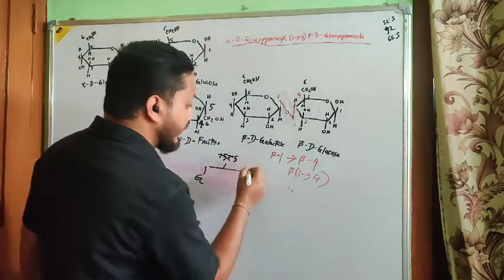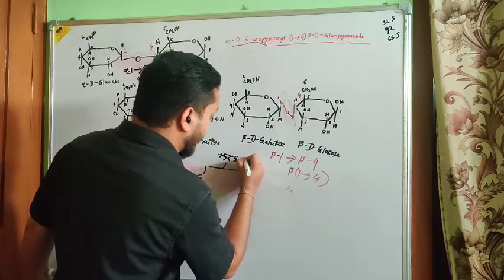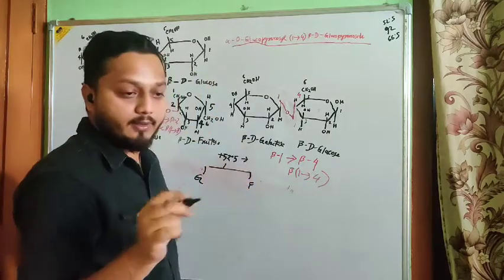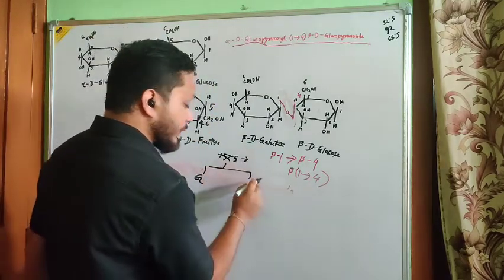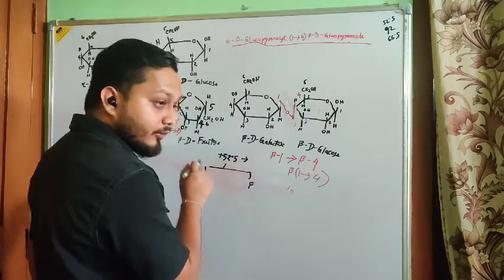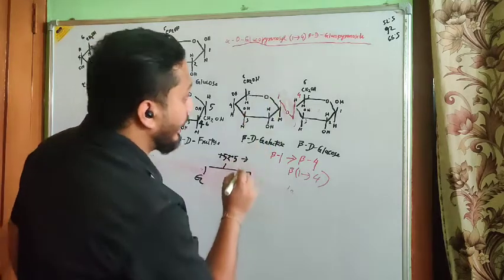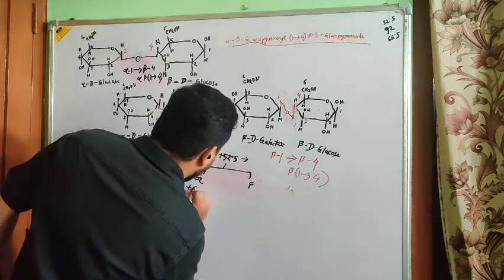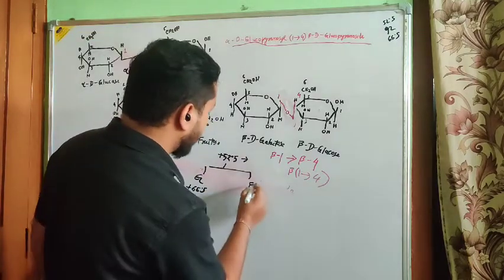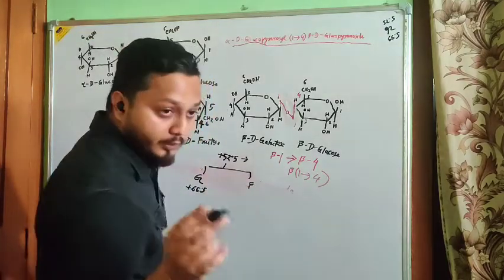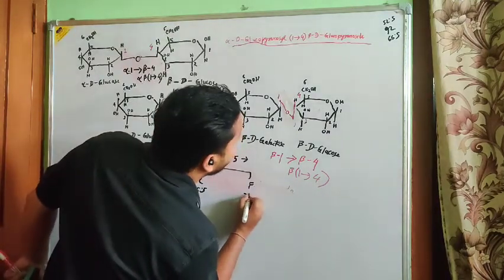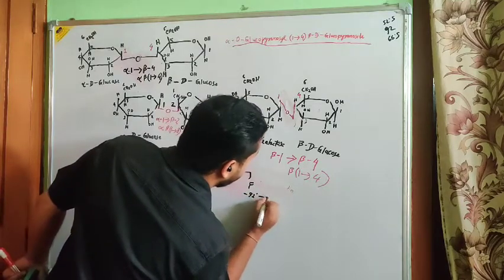52.5 degree optical rotation means it rotates plane polarized light towards right direction. This is glucose, this is fructose. Glucose is dextrorotatory. It rotates plane polarized light towards right at an angle of plus 66.5 degree. And fructose, it rotates plane polarized light towards left at an angle of minus 92 degree.